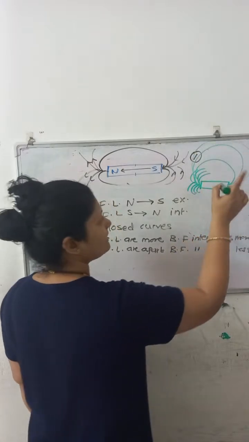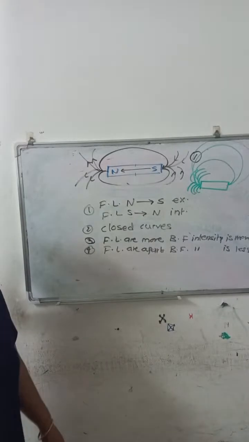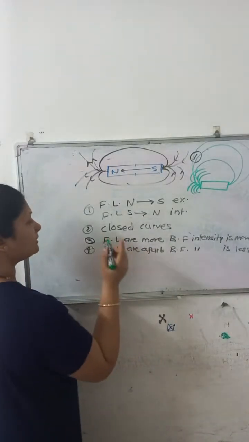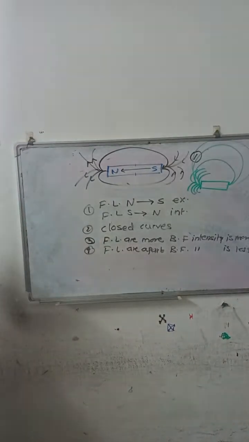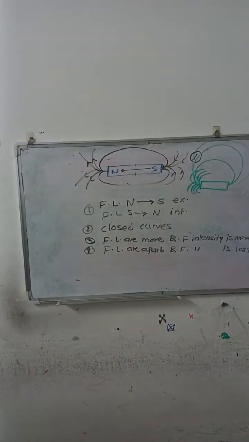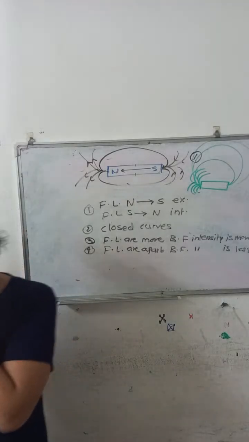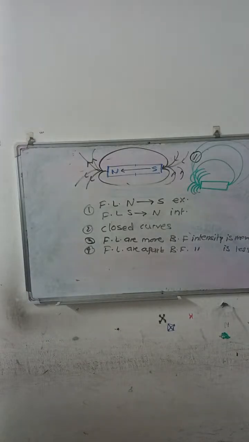If there is more space, then the magnetic field is becoming less and less. So this is also one characteristic of the field line. Are you getting this? If field lines are closer, then they form a stronger magnetic field. If field lines are away from each other or apart from each other, that means the magnetic field intensity is less. Are you getting this?